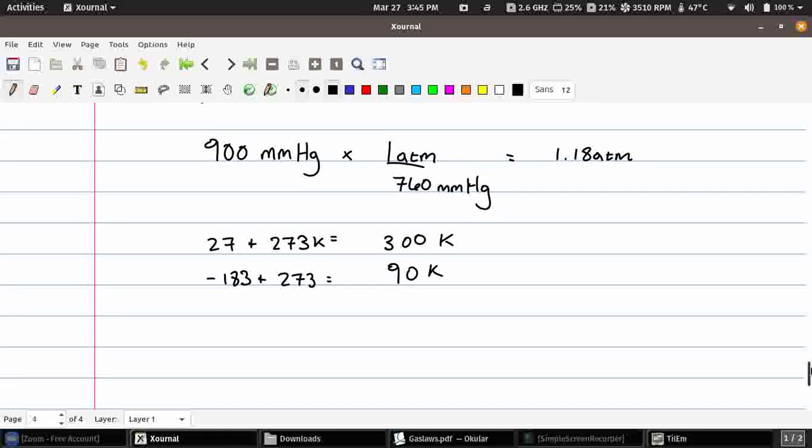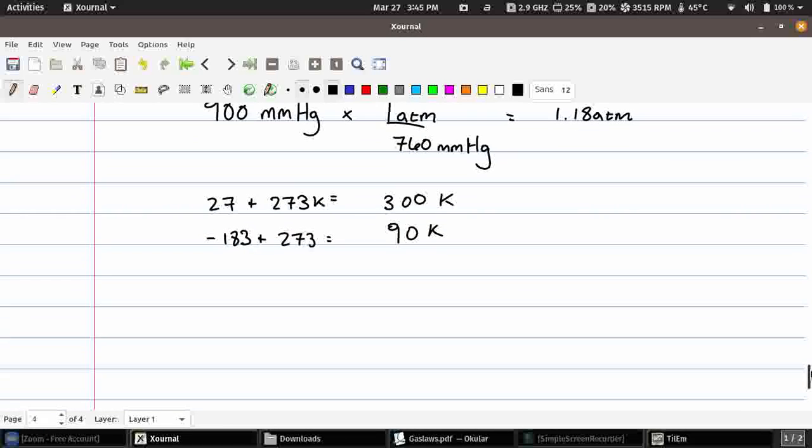All right. So the equation in itself is simple. This is P1, T1, T2. We're trying to find pressure 2. So P1 over T1 equals P2 over T2. Because it's in a tank, the volume is held constant.